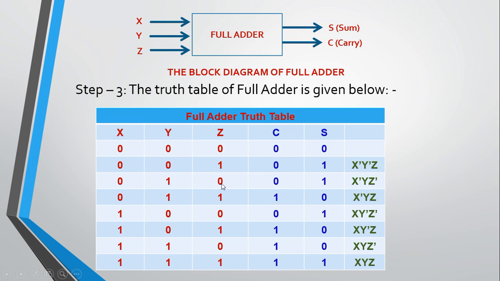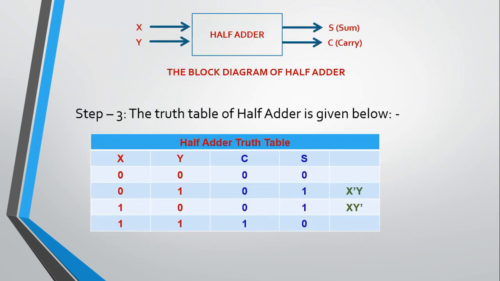How many 1 are there? Only single. So output would be 1 as a sum. Now for the third one, that means 0 1 1. How many 1 values are there? 2 values, right?